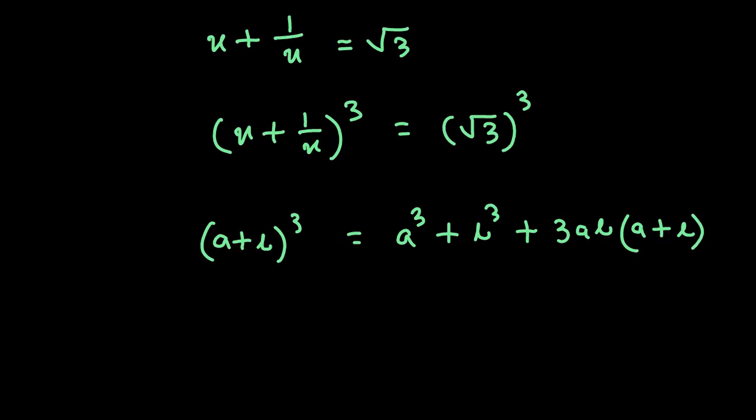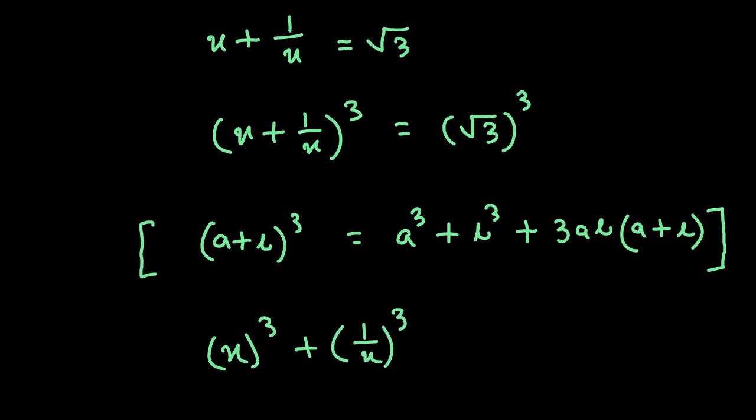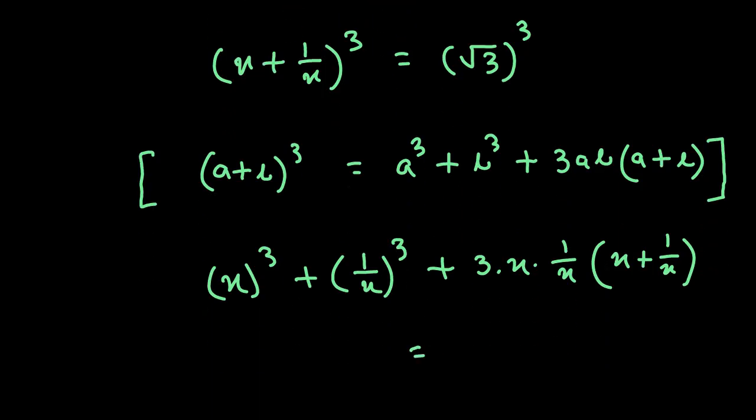So we can apply this formula and we can write from the above expression as x cube plus 1 by x cube plus 3 times x times 1 by x times x plus 1 by x equals square root of 3 cube gives us 3 square root of 3.